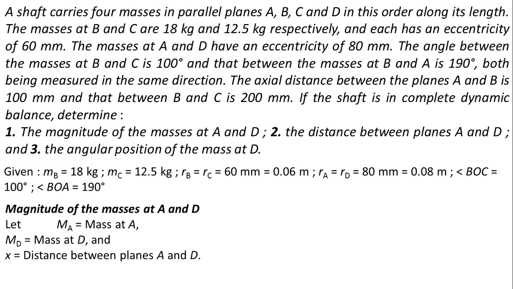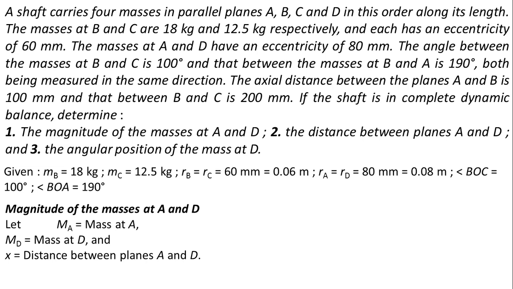The angle between the masses B and C is 100 degrees, and that between B and A is 190 degrees, both being measured in the same direction. The axial distance between planes A and B is 100 mm, and between B and C is 200 mm. If the shaft is completely dynamically balanced, determine the magnitude of masses at A and D, the distance between A and D, and the angular position of the mass at D.